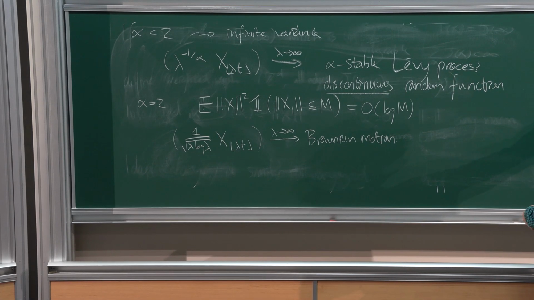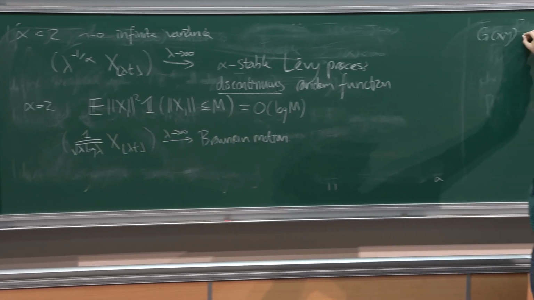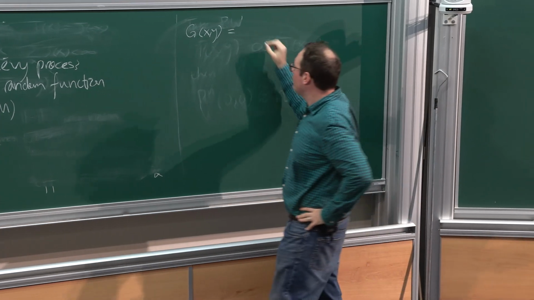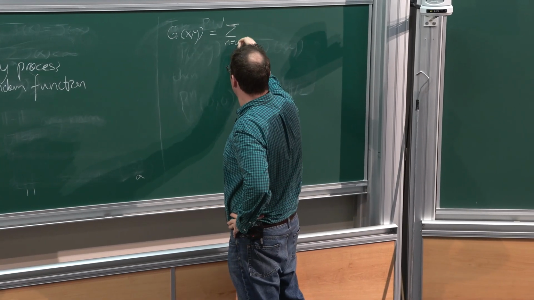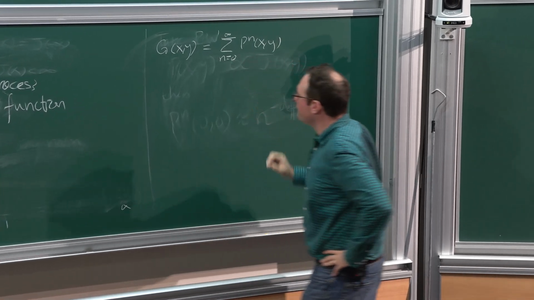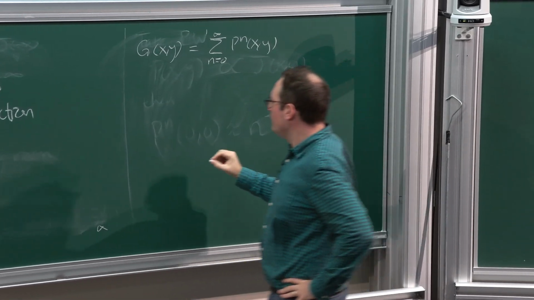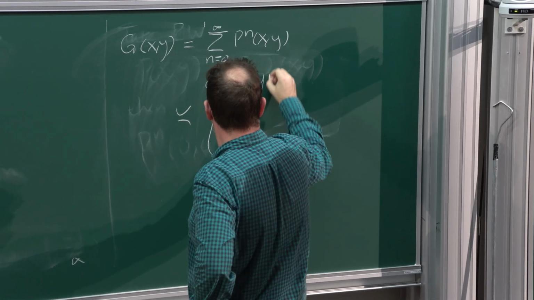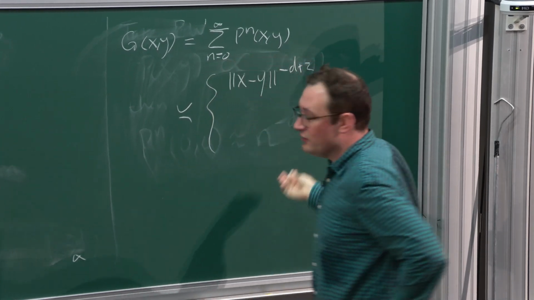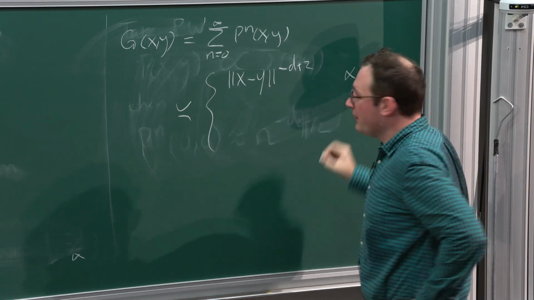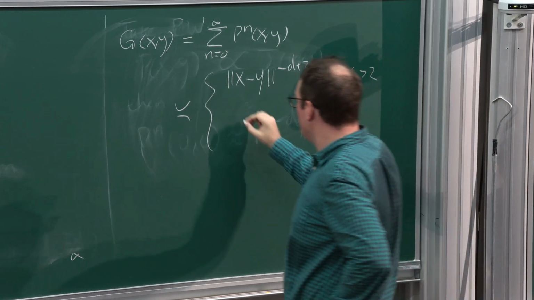So in particular, if I look at the Green's function, which we'll recall is the expected number of times the random walk started at x visits y, which is the same thing as the sum of the transition probabilities, then this scales like |x-y| to the minus d plus 2, the same as we were saying before for the nearest neighbor random walk, when alpha is bigger than 2.